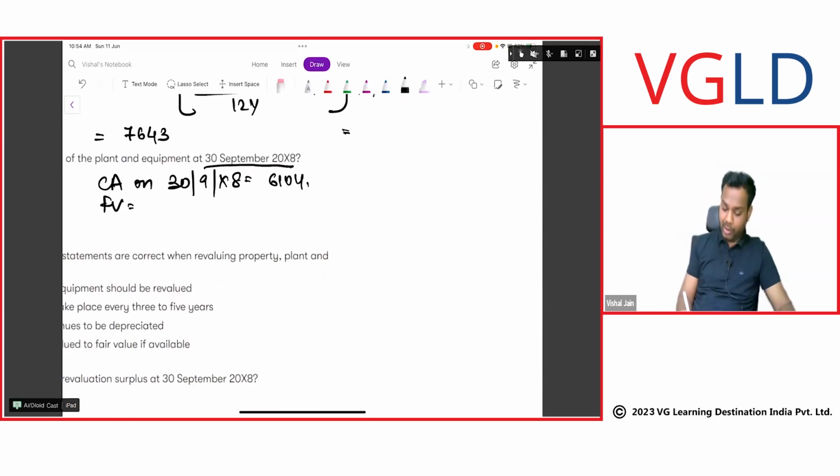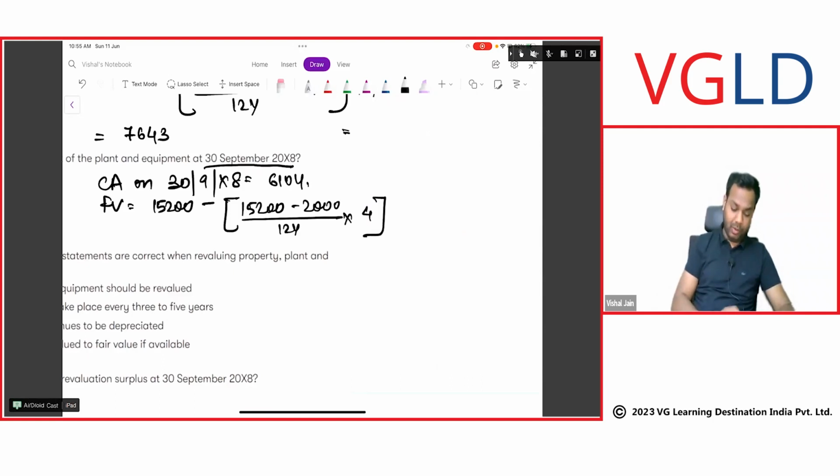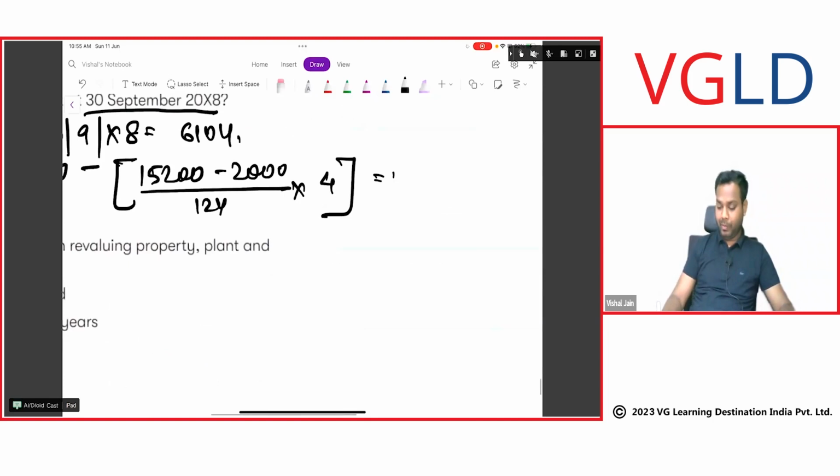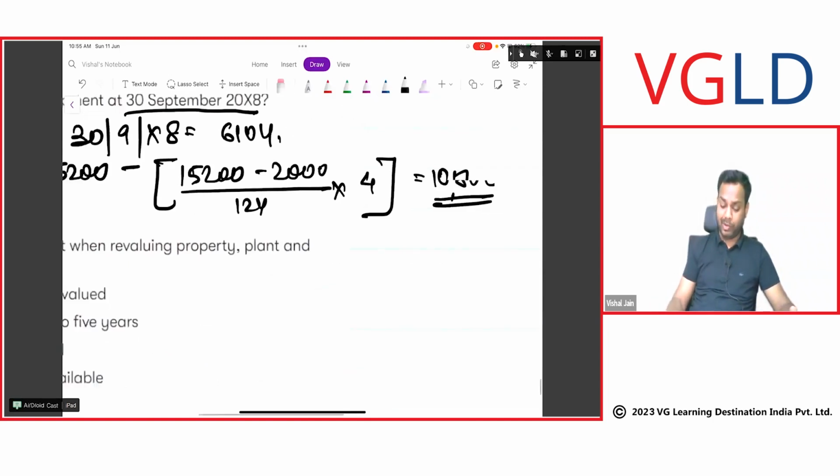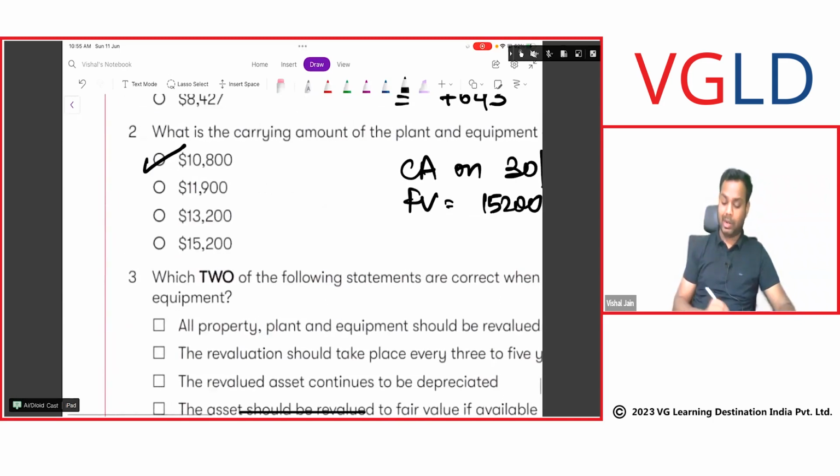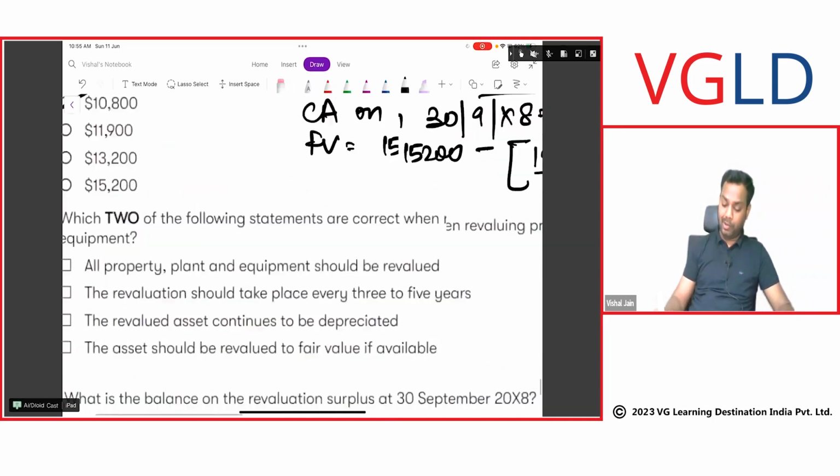The fair value is 15,200 minus (15,200 minus residual value of 2000) divided by 12 years multiplied by 4, which is 10,800. 10,800 is the fair value, and this becomes the revised carrying amount also. So the answer is 10,800.